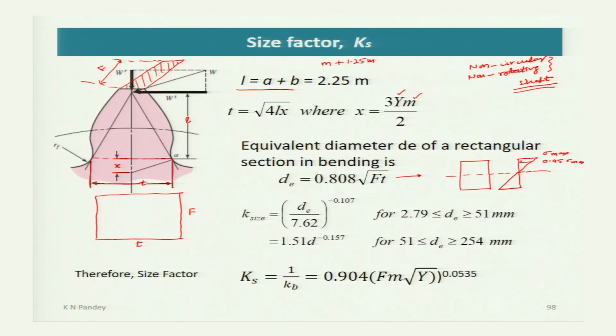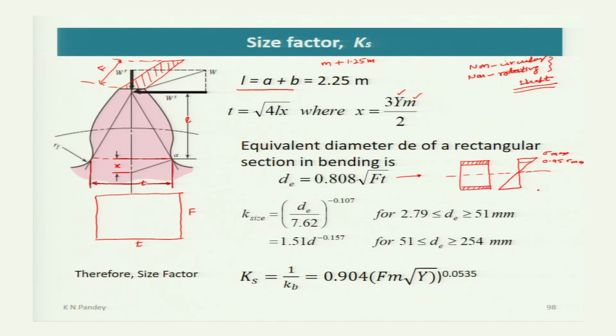So this area is calculated. This is the area which is subjected to stresses equal to or more than 95% of the maximum stress.